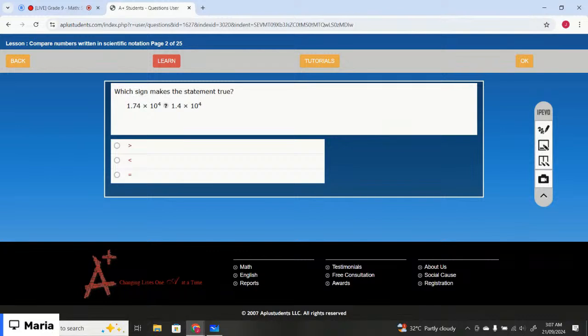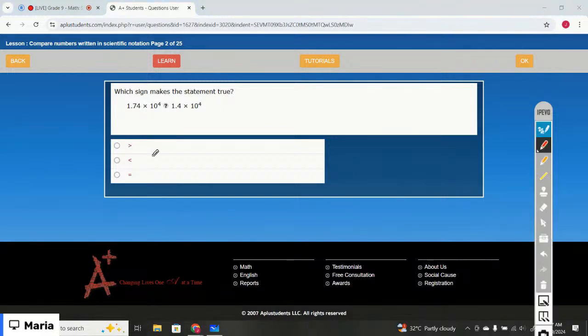Which sign makes the statement true? 1.74 times 10 exponent 4 and 1.4 times 10 exponent 4. So which is the correct option? They both are in the scientific notation form, right? So just look at this one. You have 1.74 and 1.4. 1.74 is greater than 1.4, right?